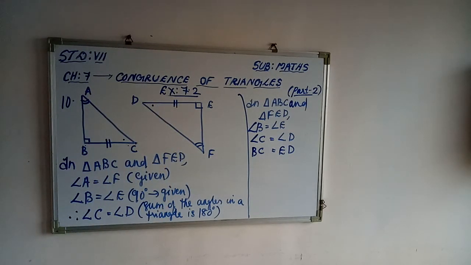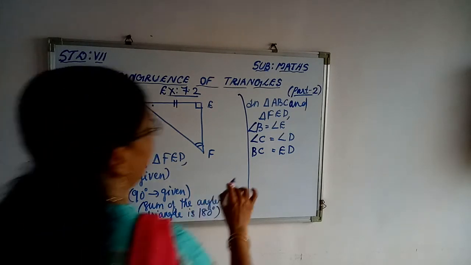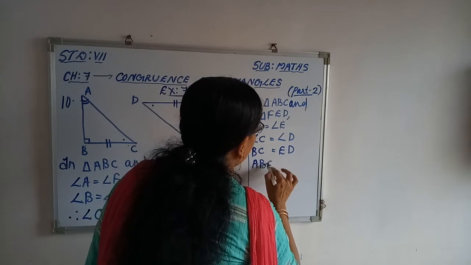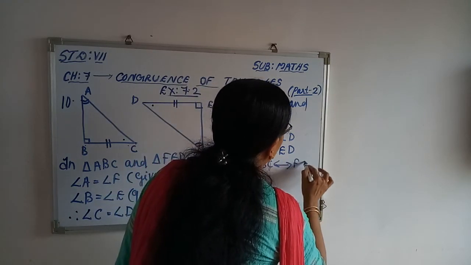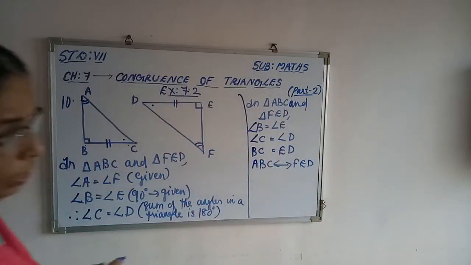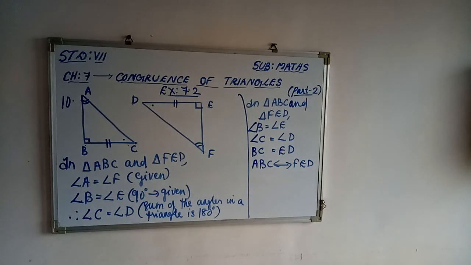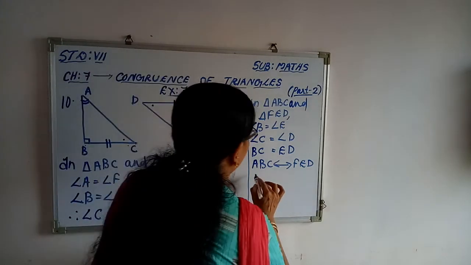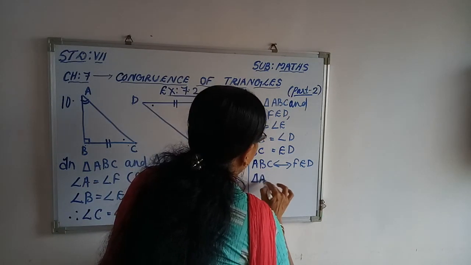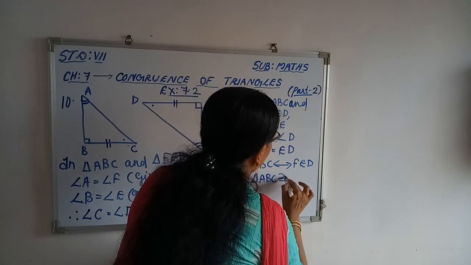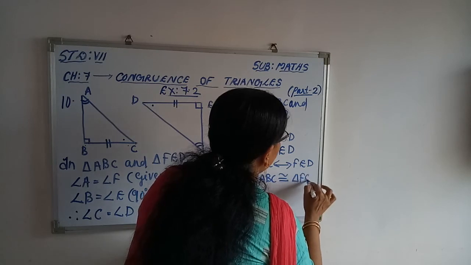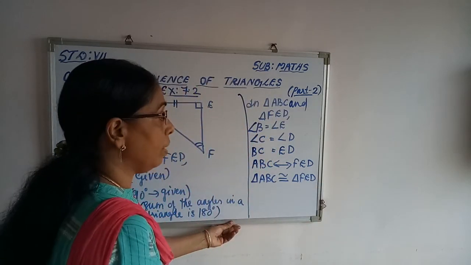Now listen here, under one-to-one correspondence we can write ABC corresponds to FED. This is the correspondence. So under this correspondence we can write triangle ABC congruent to triangle FED. By which congruence rule?